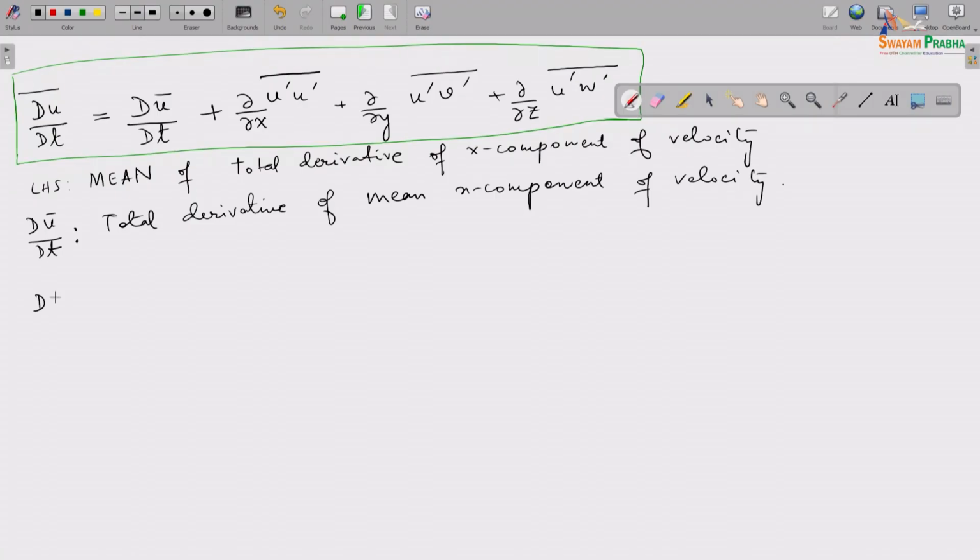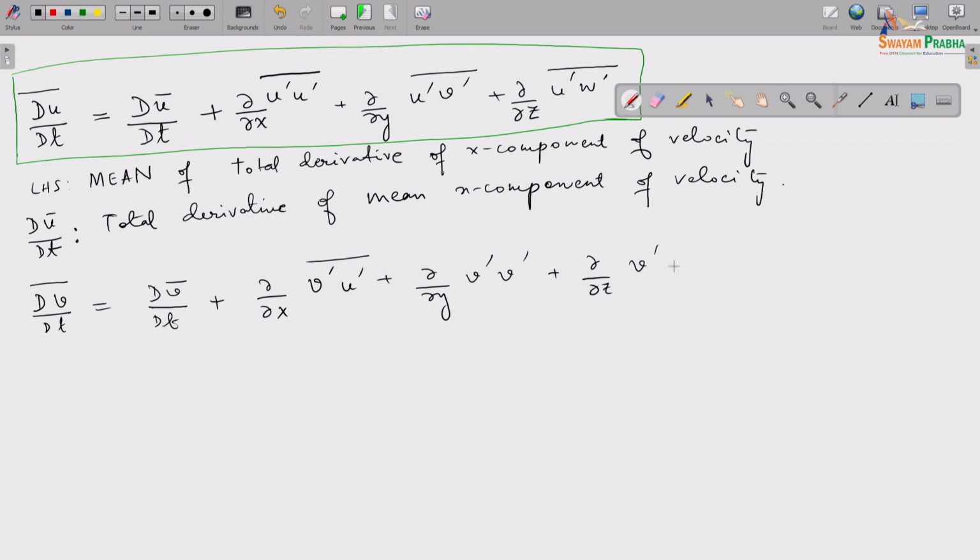So, which is basically, let us just say, and the mean is equal to, right, plus mean and mean components.